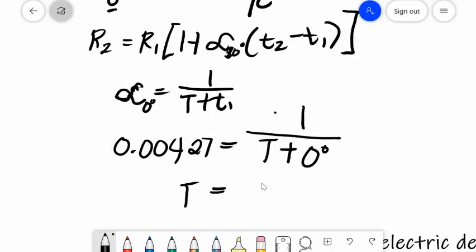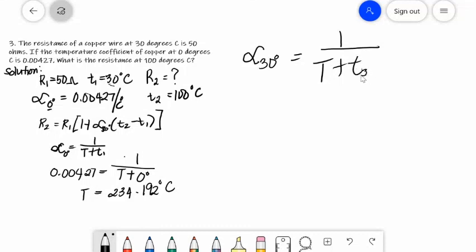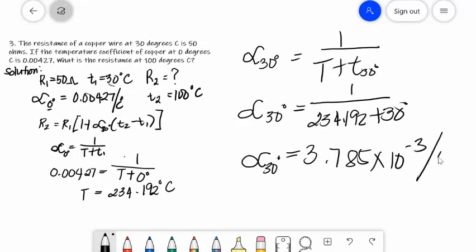So our T will be equal to 234.192 degrees Celsius. Solving for alpha at 30 degrees, equal to 1 over T plus 30 degrees, so 1 all over 234.192 plus 30 degrees Celsius. Our alpha will be equal to 3.785 times 10 raised to negative 3 per degree Celsius.